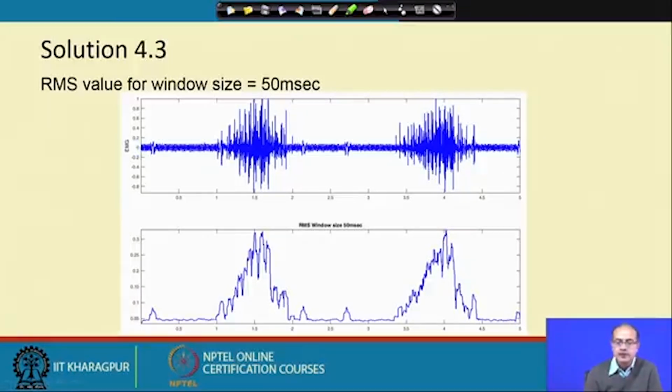Here we are showing that output. We have the EMG signal given, and here is the RMS output.